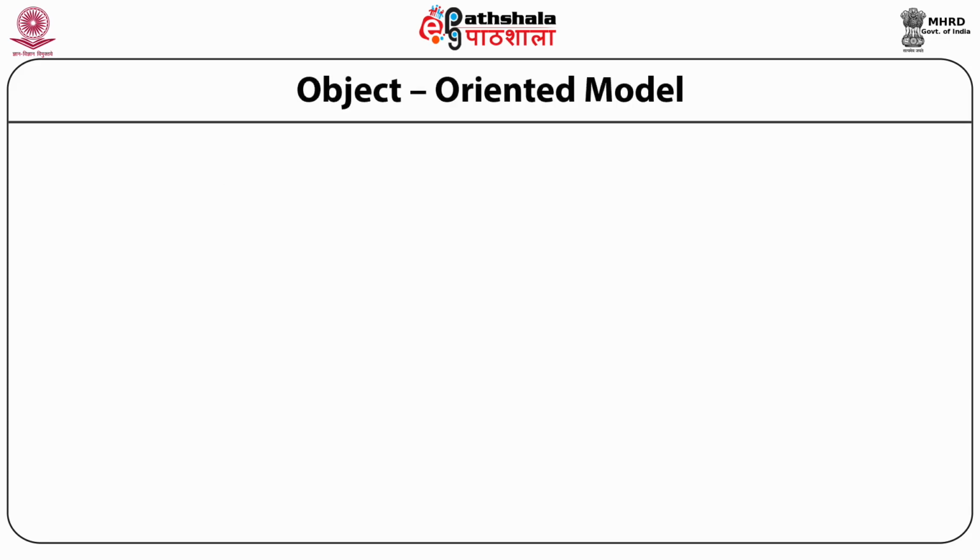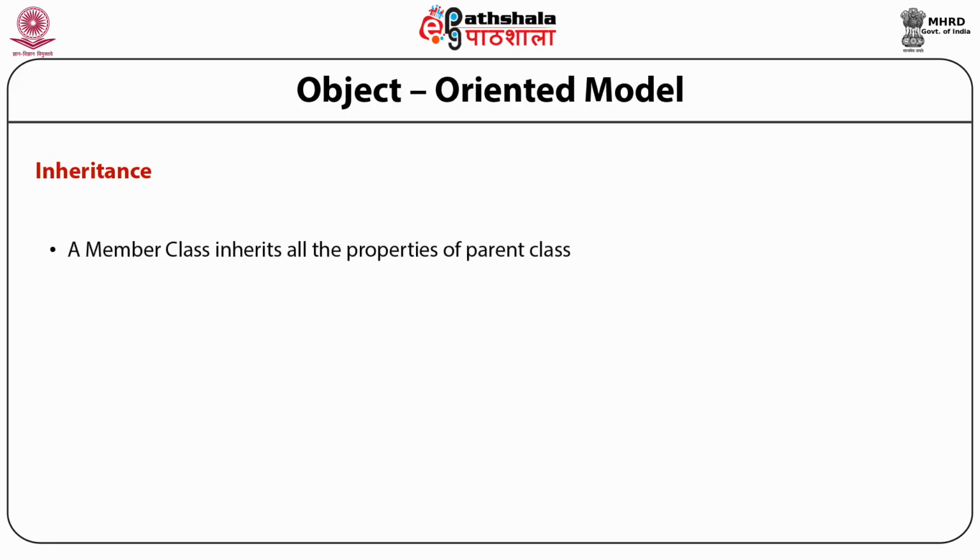One of the important features of the object-oriented model is inheritance. Inheritance is a very important property of the object-oriented model. In the object-oriented model, a member class inherits all the properties of the parent class. Then you will see that a member object also inherits all the properties of the class it belongs to.